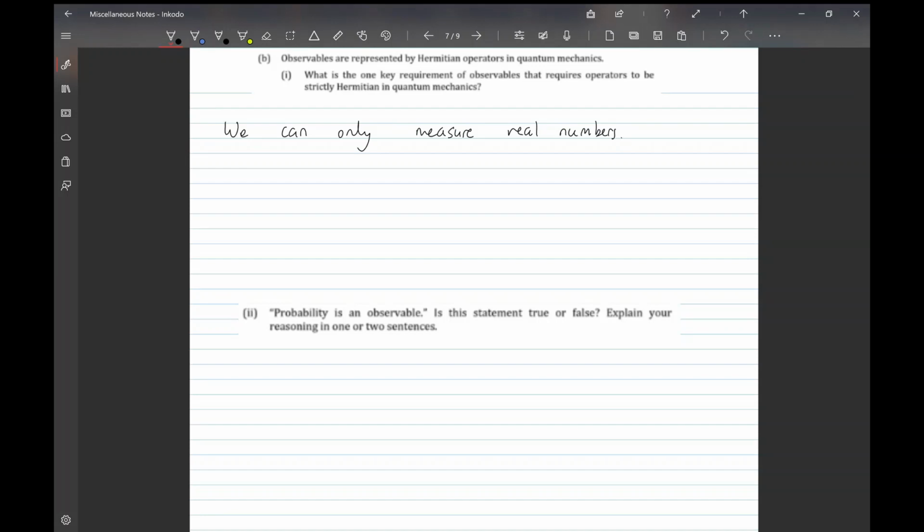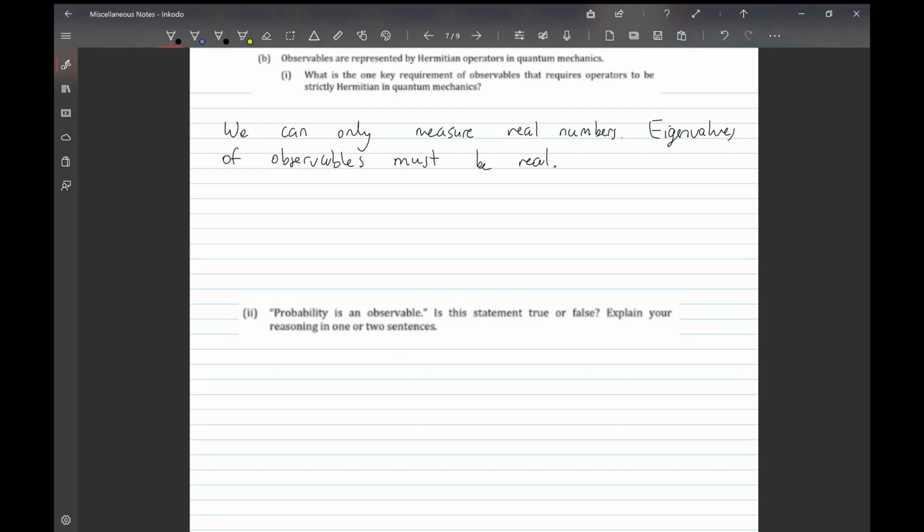We must require that they are real numbers, because we can only measure real numbers. So that is, eigenvalues of observables must be real.